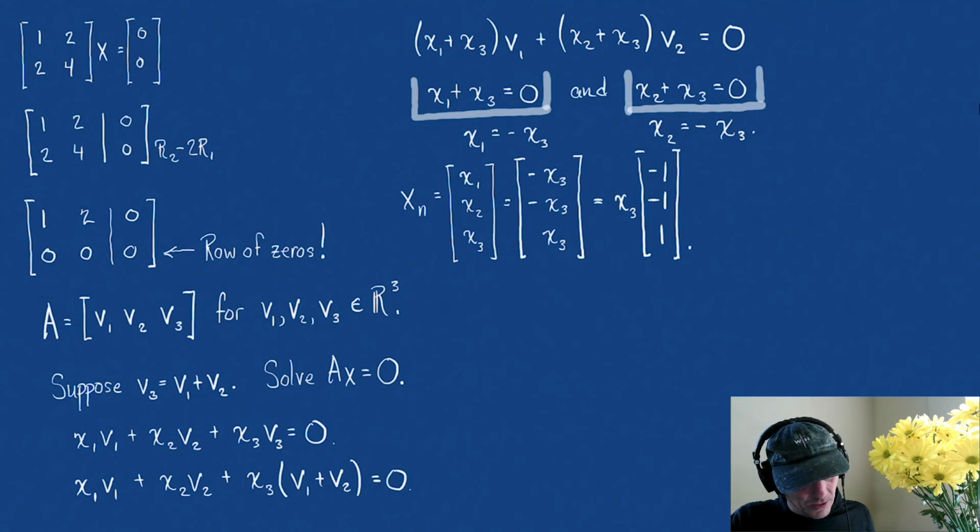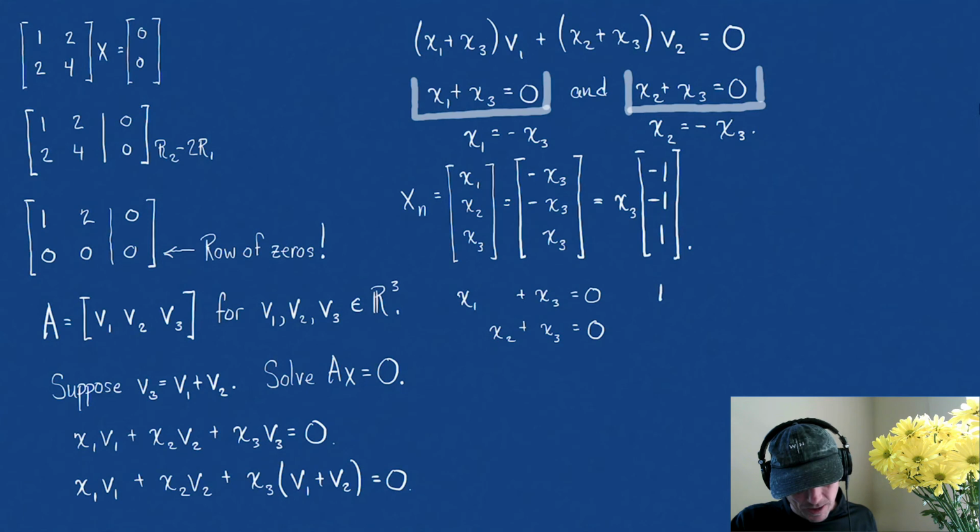And I'm going to write those now in a matrix. This says that x1 plus x3 equals 0. My next one says that x2 plus x3 equals 0. If I write this as a matrix, I'm picking up 1, 0, 1 in the first row, and 0, 1, 1 in the second row.